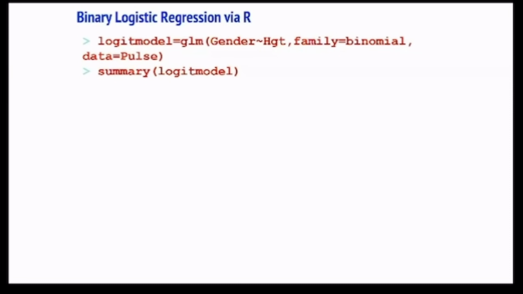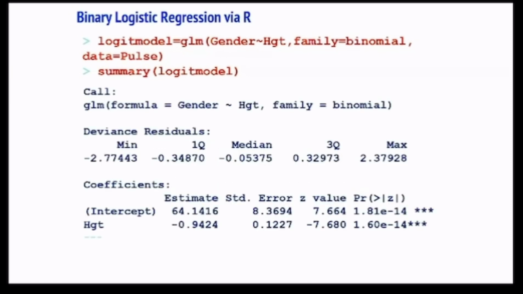In the case of linear regression, you put lm. Not only that, you also indicate family equals binomial because the underlying distribution of the response variable is binomial. So you're always going to indicate that. The data set I'm using here is sparse, and when I run the summary, this is the result I get.